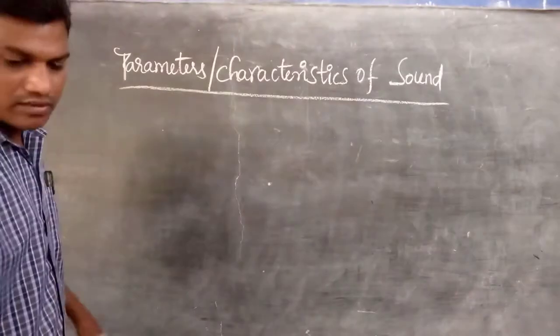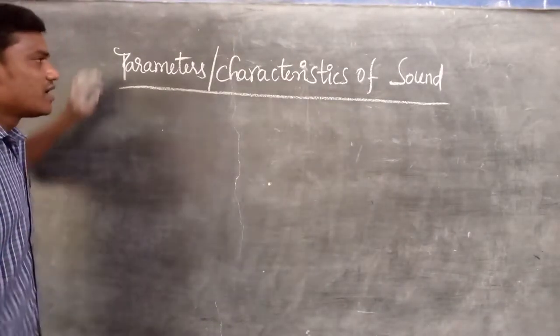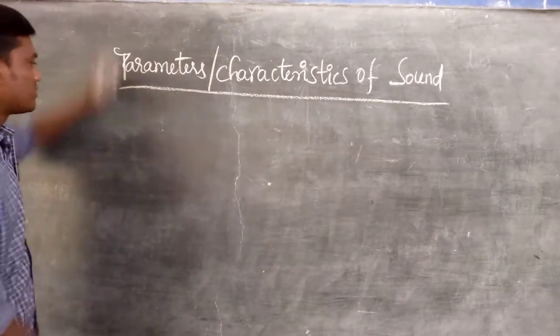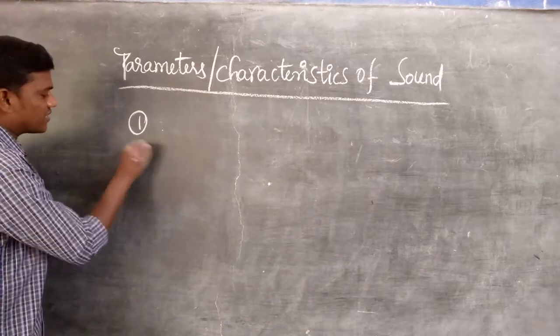So generally, how many parameters or characteristics does sound have? Mainly 3 parameters are there.